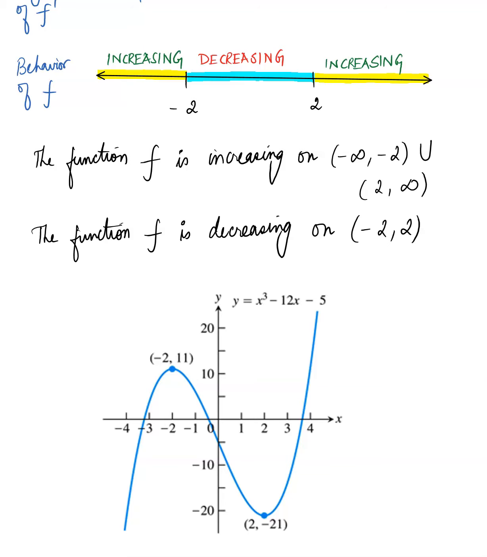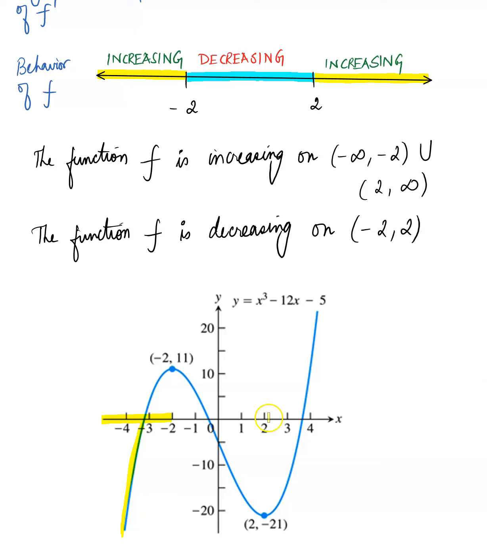I put up the graph for this, and as you can see, without having a view of the graph, we were able to do this just by using the first derivative, where we determined that from negative infinity all the way up to negative 2, the graph was increasing. It's climbing up. From left to right, the graph rises.